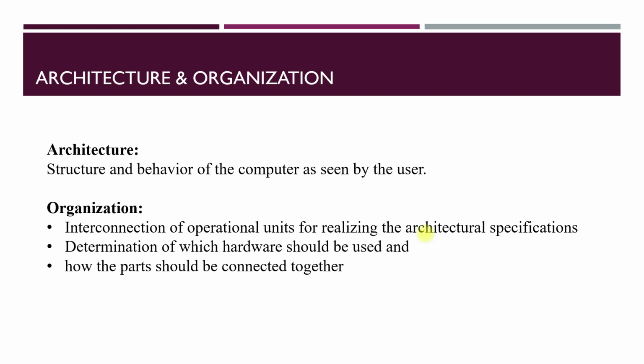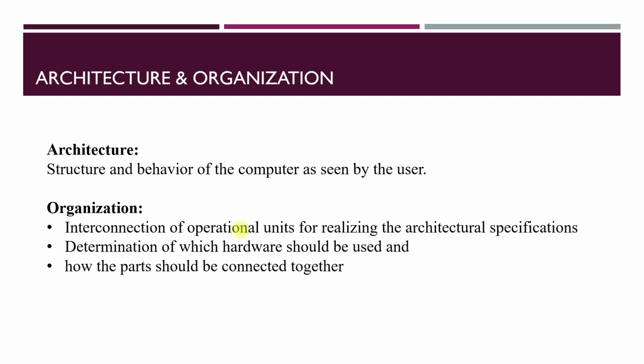And what do you mean by organization? Organization means we know that there are many functional units inside the computer. We may have CPU, we have memory units, we have the hard disk, and all. So we will be able to see that there are many operational units associated with the computer architecture.